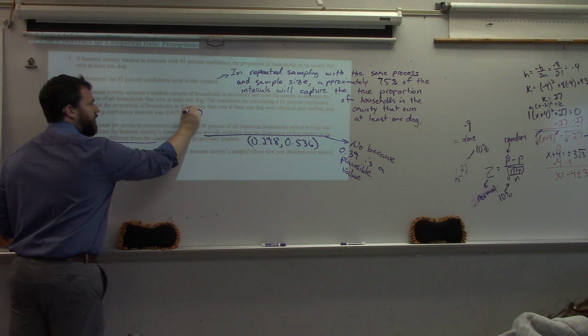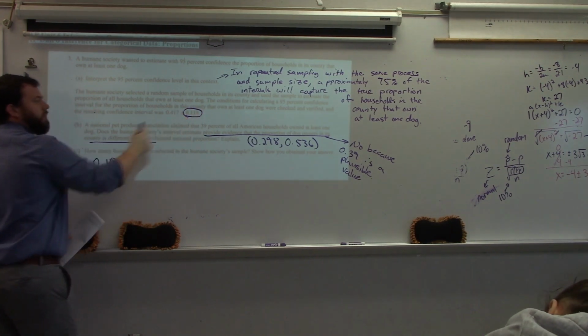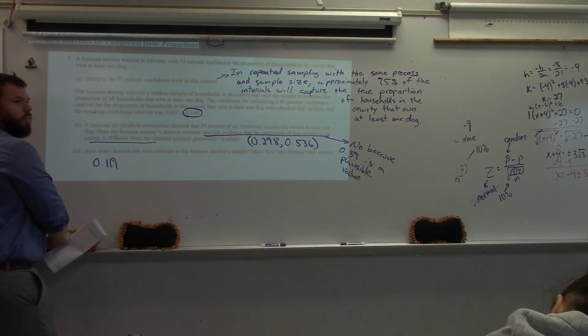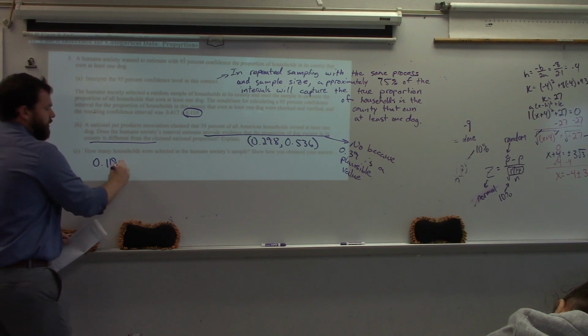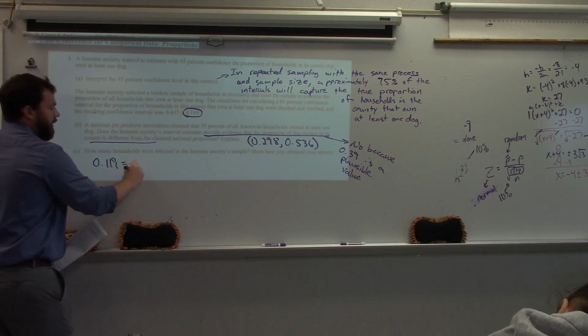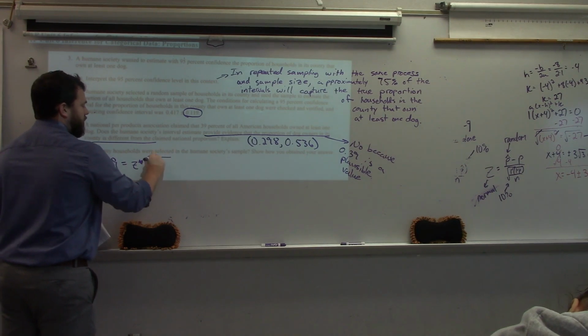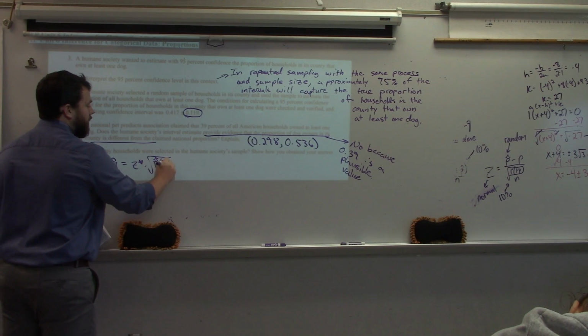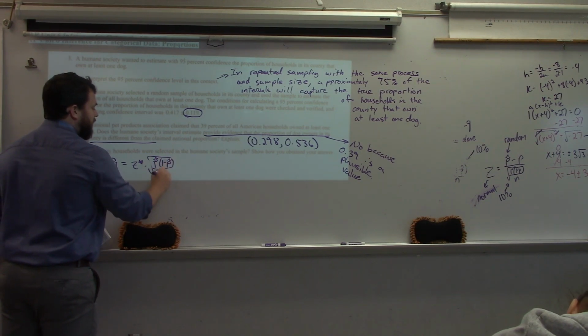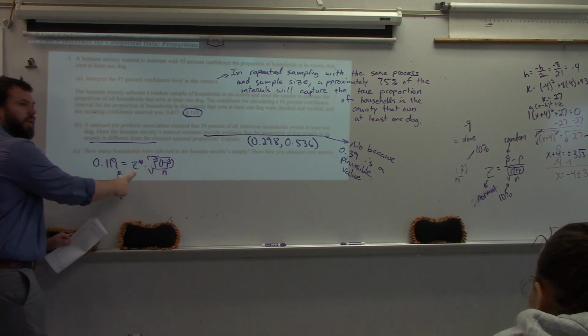So I'm just going to point out, in this problem, my margin of error is 0.119, right? And so that margin of error is equal to my critical value times my standard error. And so Ashton even said, pull out that formula sheet. Looking at this, do we know what the critical value is?